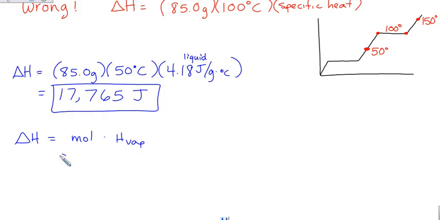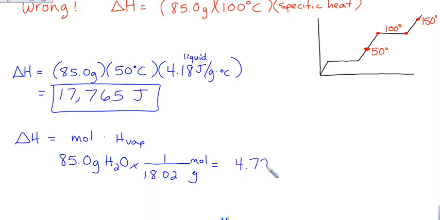Not a big deal. 85 grams, it is water. Let's cancel grams, put it in moles. We never escape the mole. Water's molar mass is about 18.02. So we'll divide those, and we're looking at about 4.72 moles.